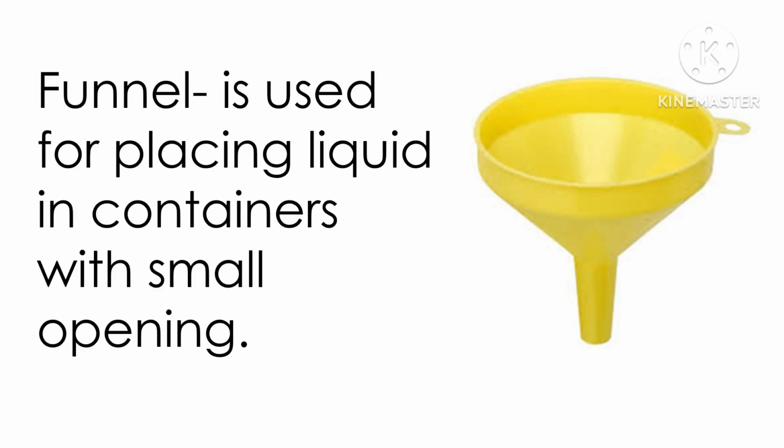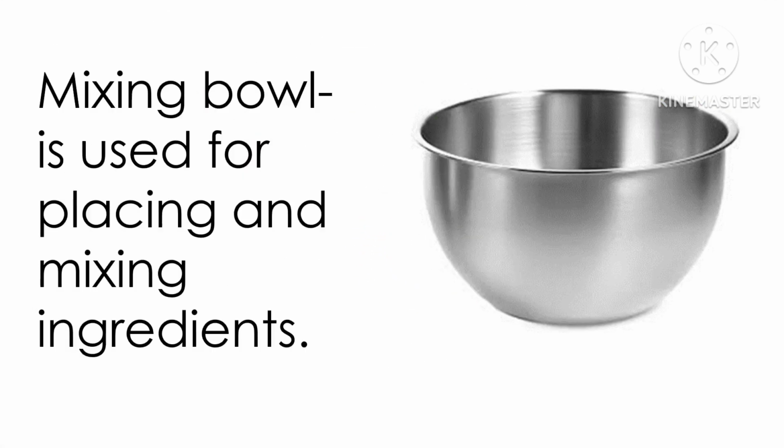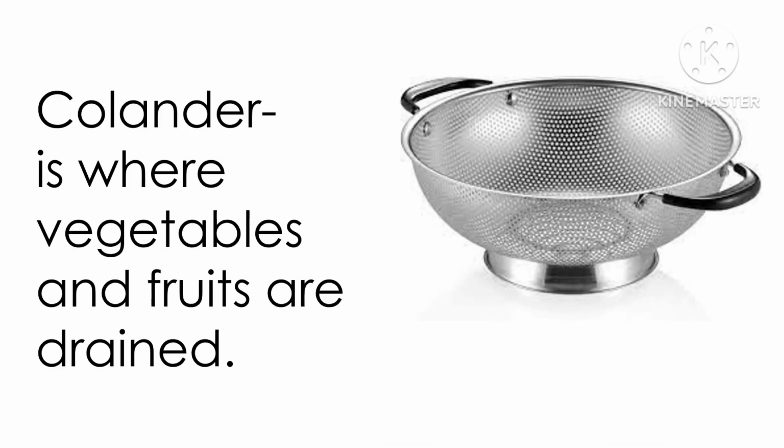Funnel is used for placing liquid in containers with small opening. Mixing bowl is used for placing and mixing ingredients. Lastly, we have colander, is where vegetables and fruits are drained.